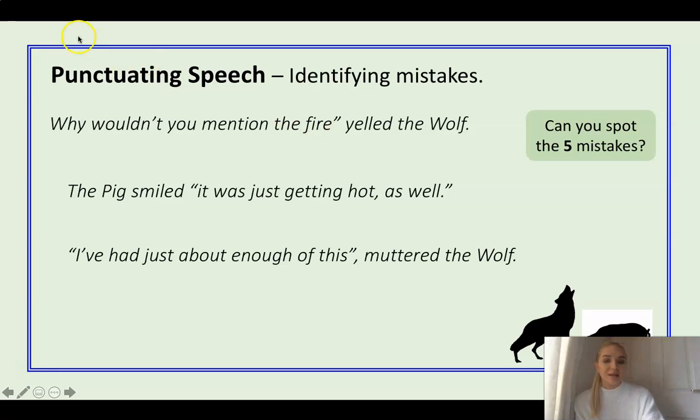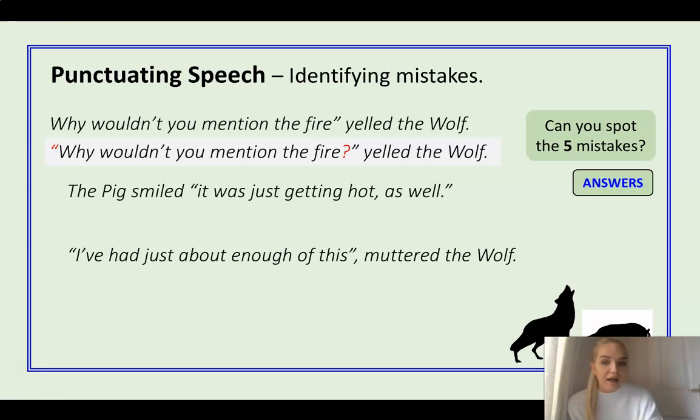So I need to make sure my inverted commas are here. I am forgetting something else though. What type of punctuation needs to go before the second closed inverted commas? What type of sentence is this? It's a question, so we need a question mark there. So our first two mistakes are the open inverted commas and our question mark, remember?